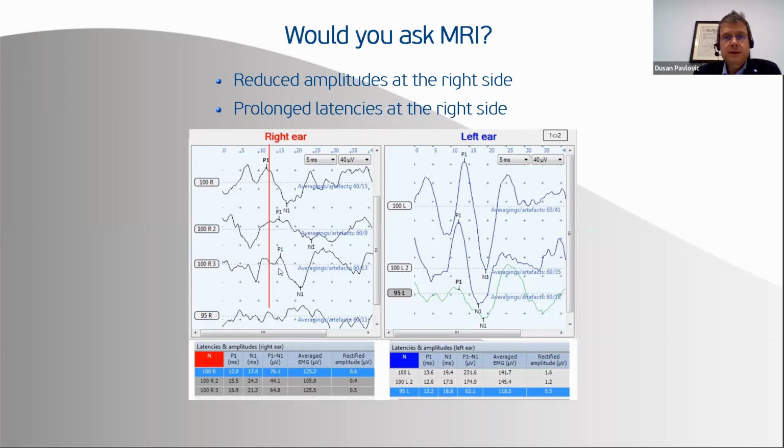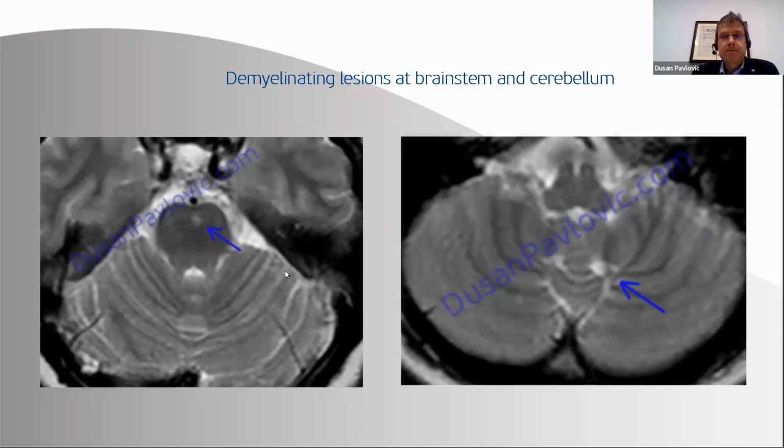So prolonged latency on the right side, is it an indication to perform MRI? Yes, it is. And in this particular patient, we found demyelinating lesions at the cerebellum and also the brainstem.